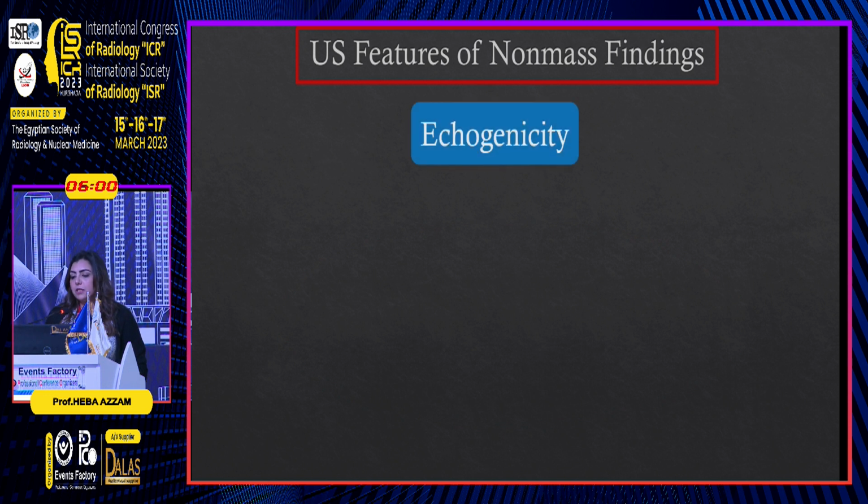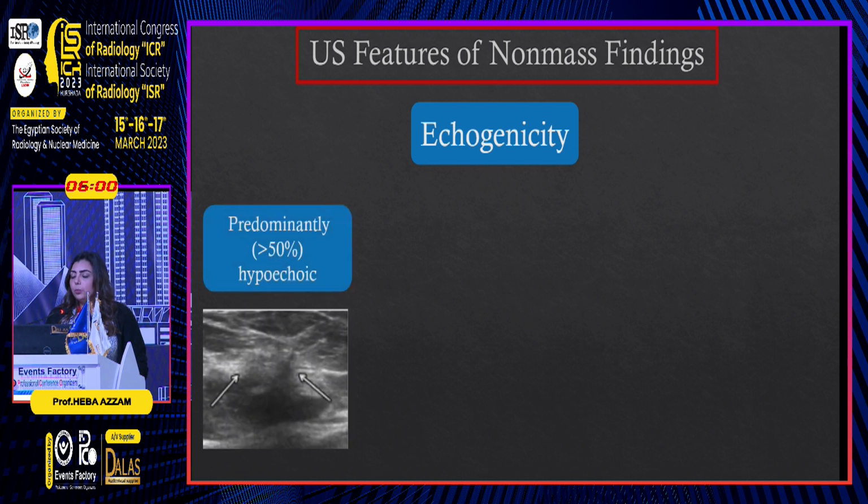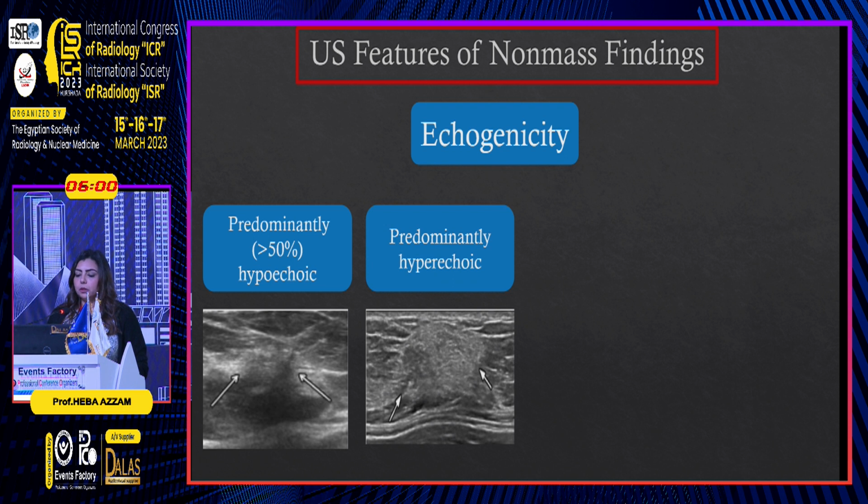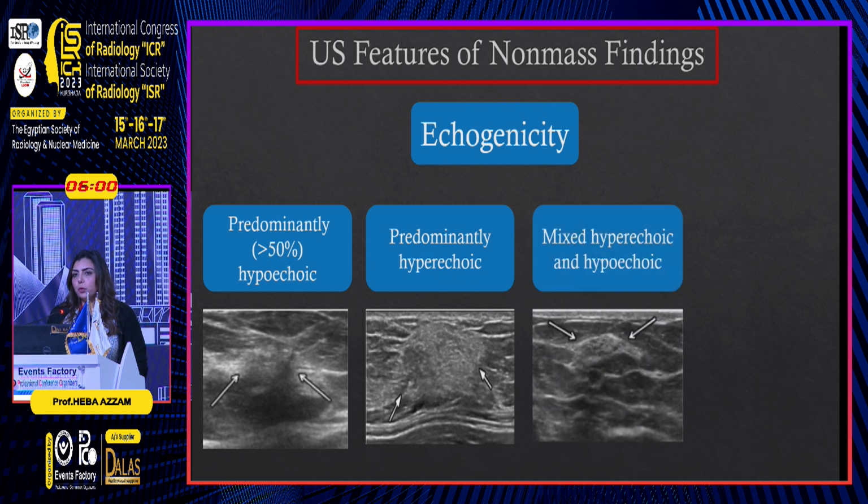Ultrasound features of non-mass findings. Regarding the echogenicity, it could be predominantly hypoechoic, predominantly hyperechoic, mixed hyper and hypoechoic, or predominantly anechoic.